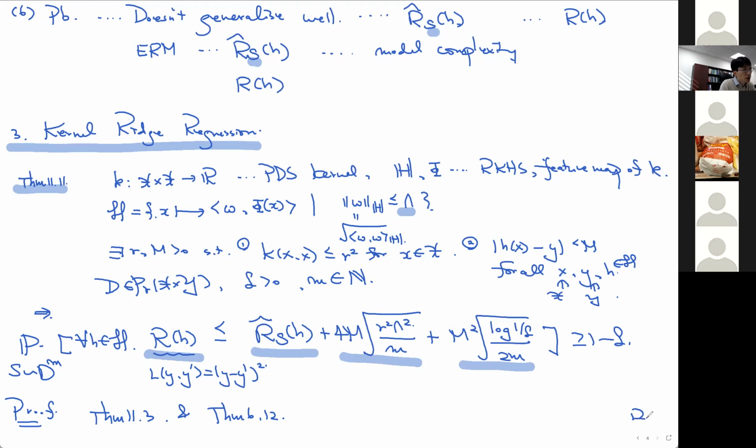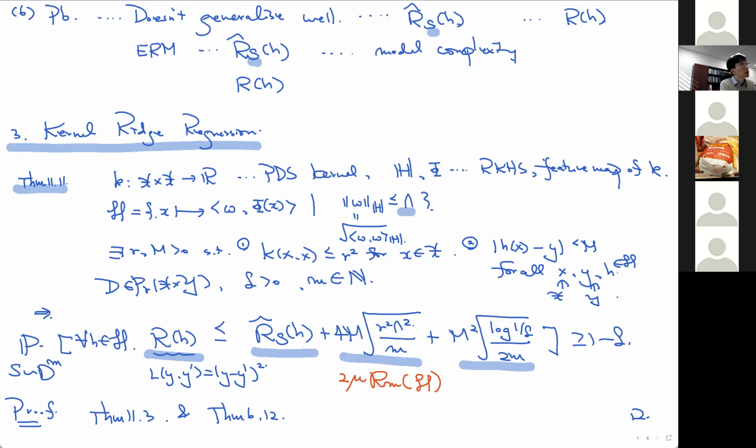So why is that the case? Theorem 11.3 tells us the following. We have something like this, except that theorem 11.3 says it's 2 times mu times the Rademacher complexity of hypothesis set H, plus the bound on the loss function.